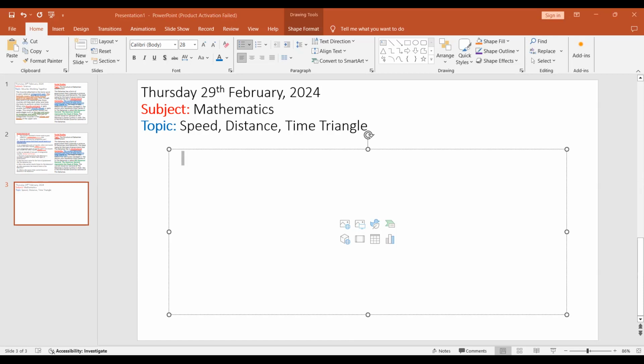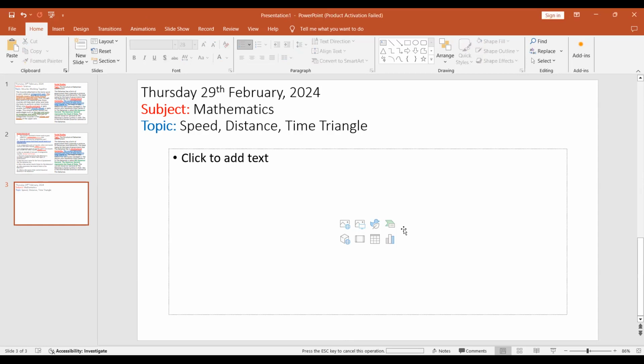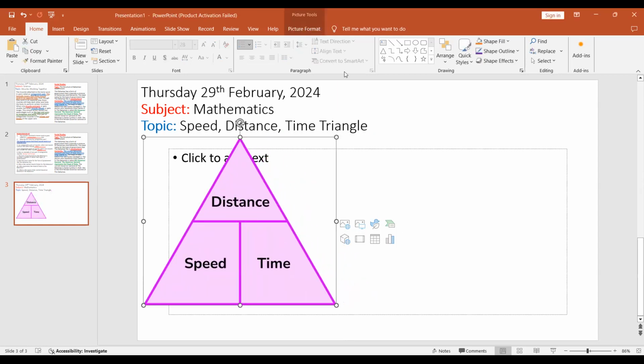So the formula we had on the board yesterday was, all right, this is the triangle. Anyone remember this triangle? Good.